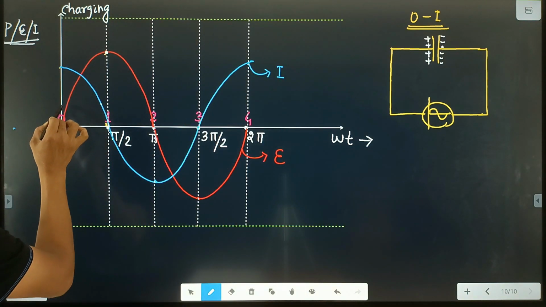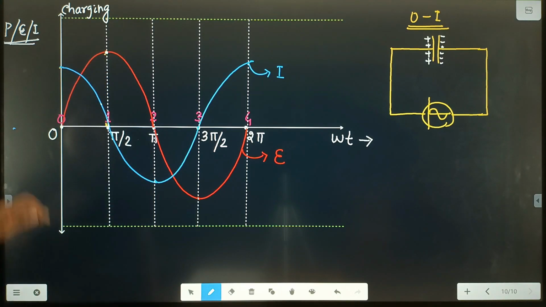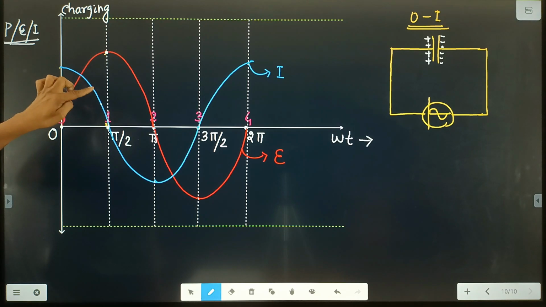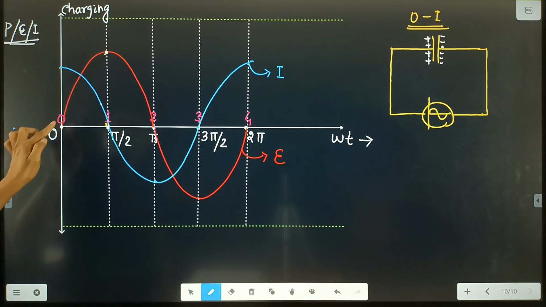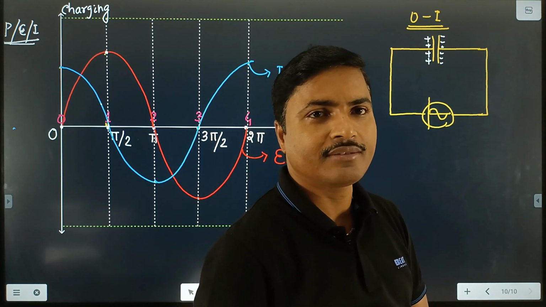Initially, the capacitor is gradually charging. At this point it is fully charged, and the current is in the positive side, and voltage is also in the positive side. So voltage is positive, current is positive.